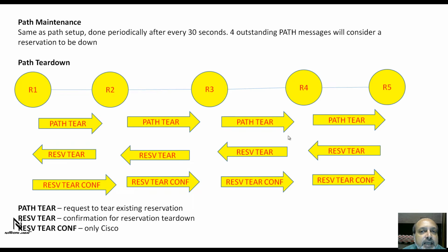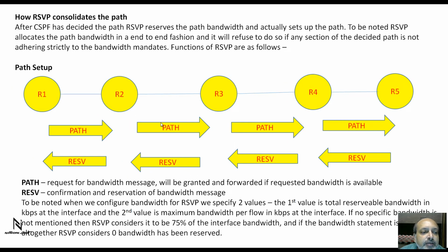How is that maintenance carried out? Exactly by the same set of messages. So after every 30 seconds, RSVP will be sending this path message, and it will be replied back with RESV, right? And if RSVP sees that it has sent 4 consecutive path messages and hasn't received a single RESV, then RSVP considers that something is wrong.